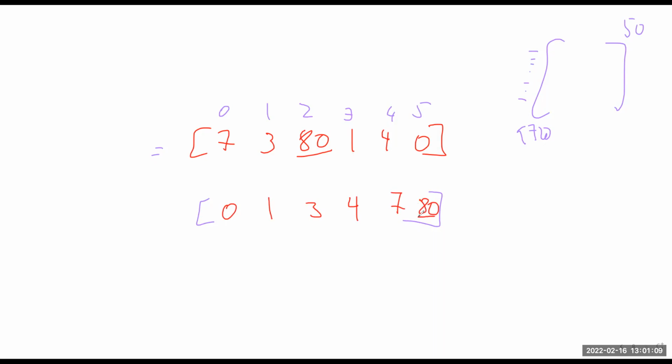That's how you sort it, correct? That's the sorting of it. But it will return the indices, the original indices. That's what np.argsort will do for us. So this will be then 0 is 5, 1 is 3, 3 is 1, 4 is 4, 7 is 0, 80 is 2. So these are the indices of the movies.